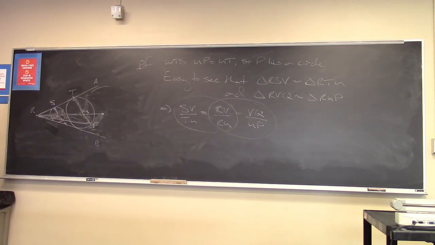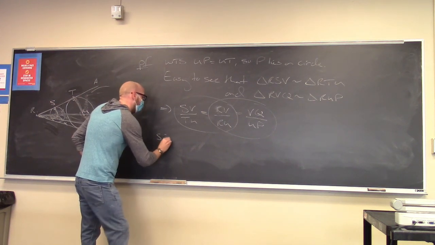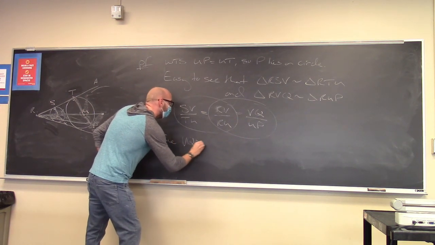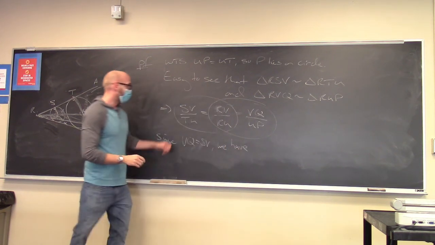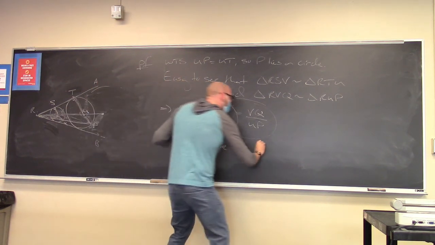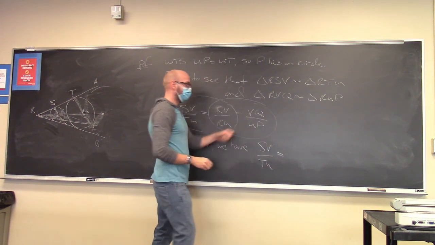And all I have to do now is make a substitution. What's VQ equal? VQ is equal to SV. Since VQ equals SV, we have SV over TU is equal to SV over UP.